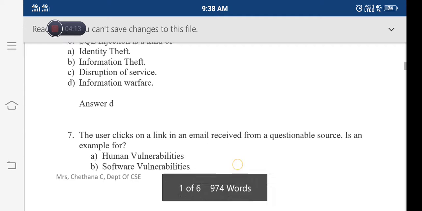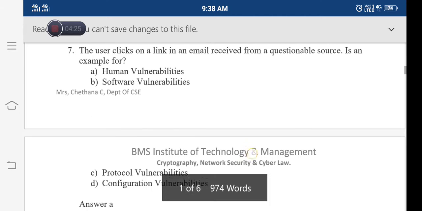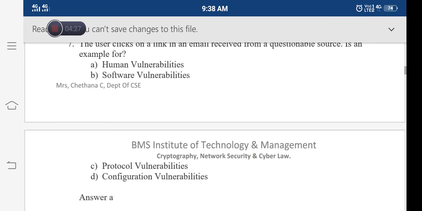The seventh question: the user clicks on a link in an email received from a questionable source. This is an example of which of the vulnerabilities: human, software, protocol, or configuration?